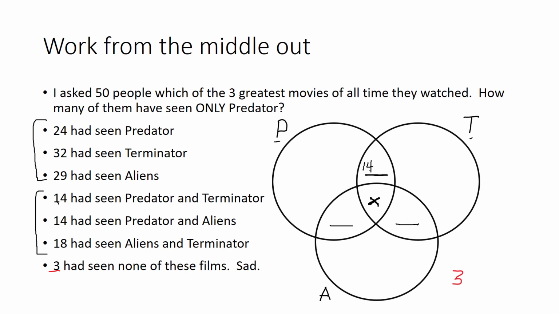Okay, just put a 14 here. Not quite. Predator and Terminator is this whole sector here. It's where these 2 circles overlap. So once again, this is 14 minus X, because the 14 accounts for this sector here as well as the middle.